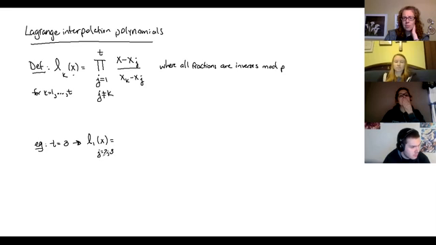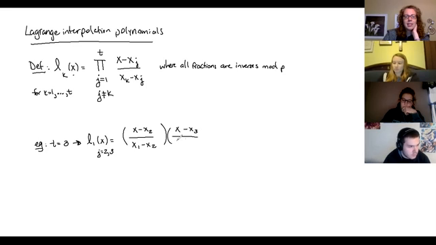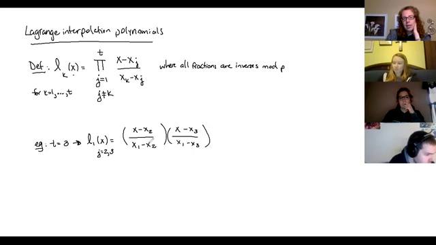See where that's coming from? So this is going to be x minus x2 over x1 minus x2 times x minus x3 over x1 minus x3. So I need to have j equals 1, 2, 3, but not 1, because that's the subscript that I'm working with here. And then I plug some stuff in.